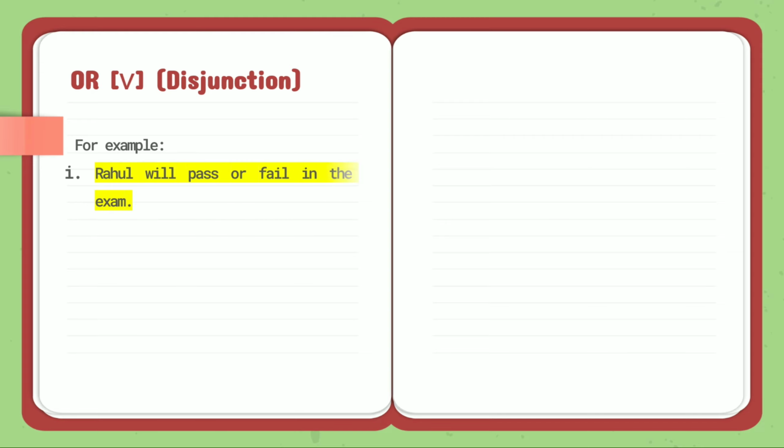And next is disjunction. For example, the first statement, Rahul will pass or fail in the exam. And the second statement, candidate must be graduate or postgraduate.